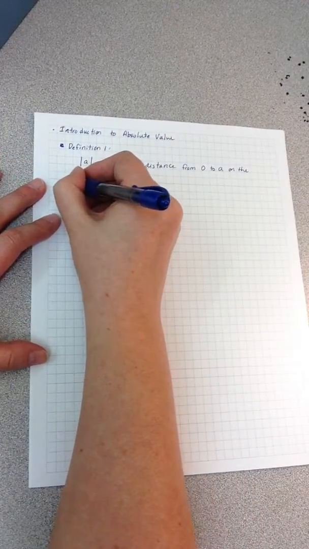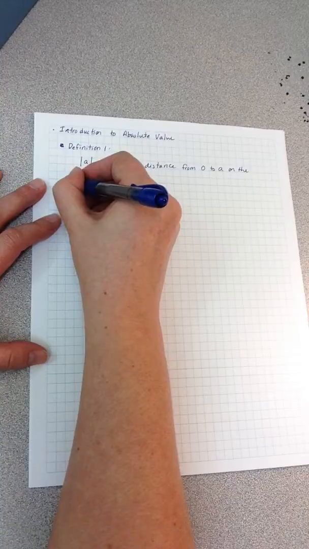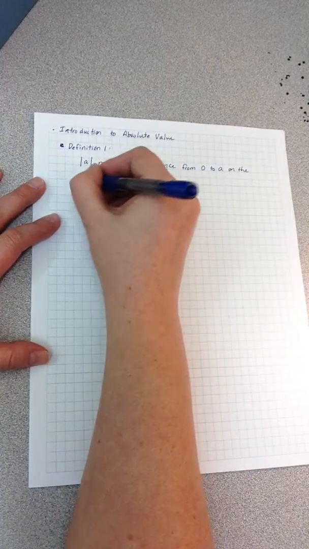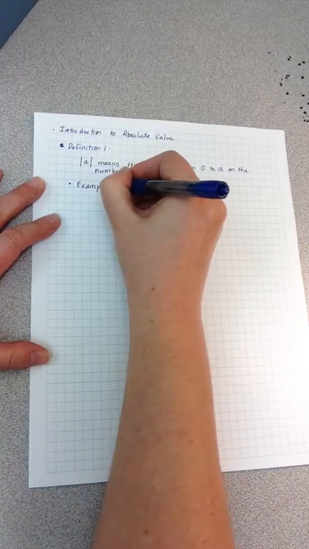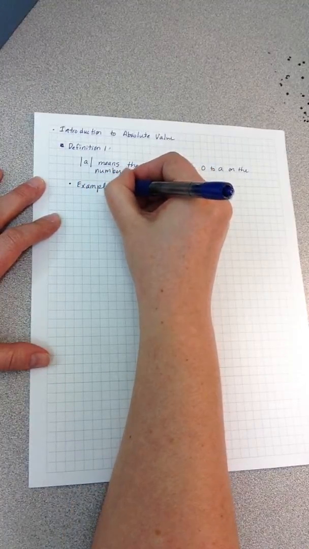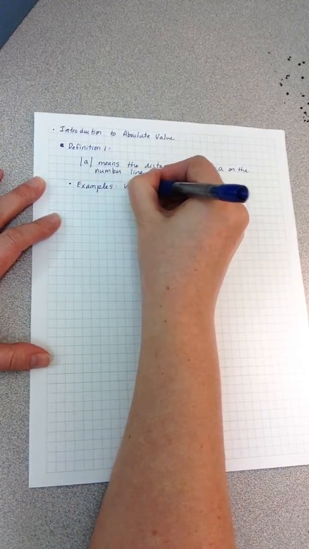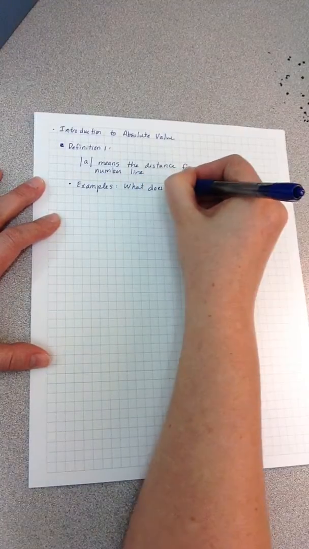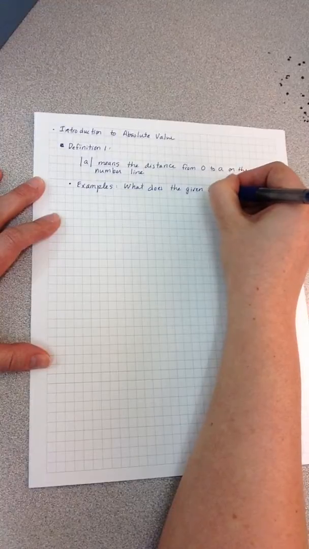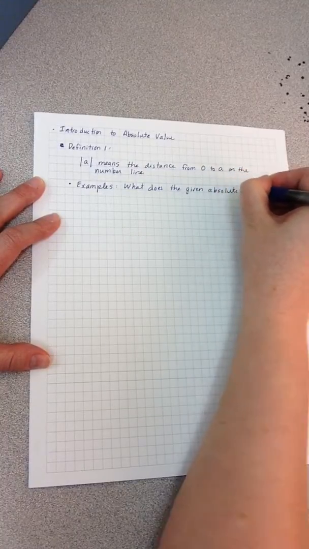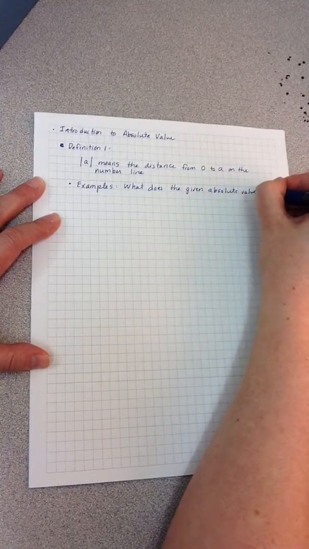Now we're going to look at a couple examples. In each of these examples, we're asking ourselves, what does the given absolute value mean?